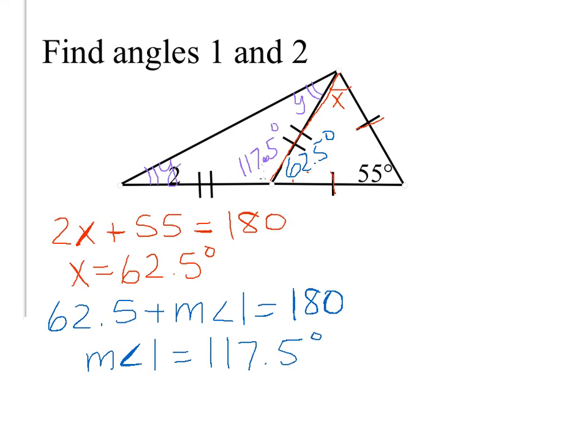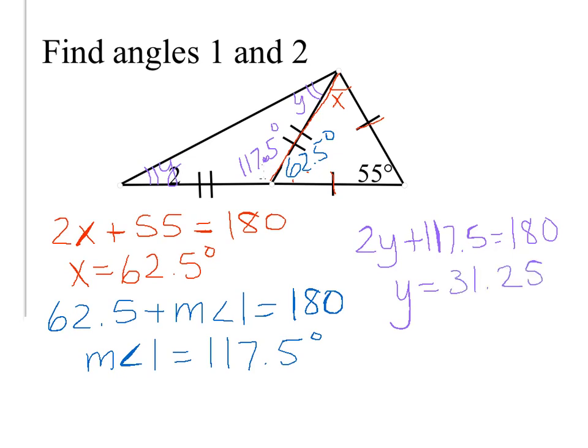Then I can say that 2y plus 117.5 equals 180. And that gives us that y is equal to 31.25, which is the measure of angle 2.